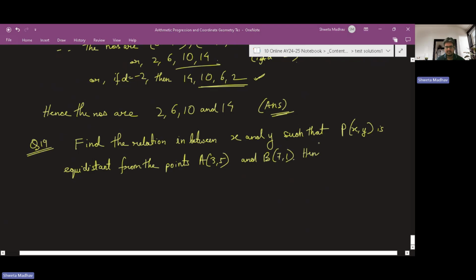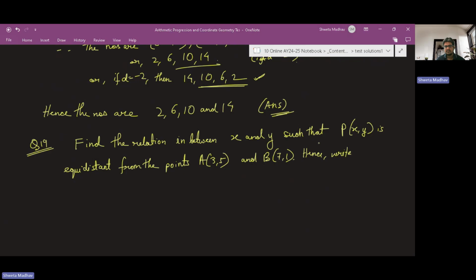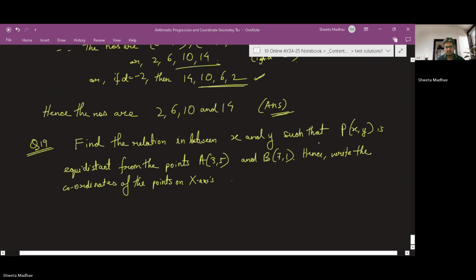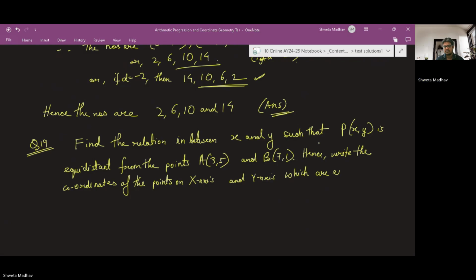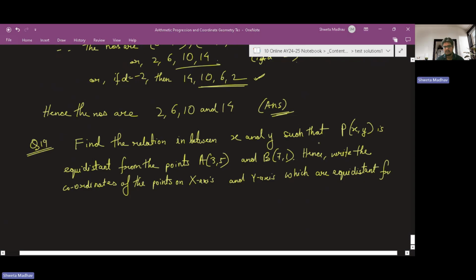And hence write the coordinates of the points on the x-axis and the y-axis which are equidistant from the points A and B.